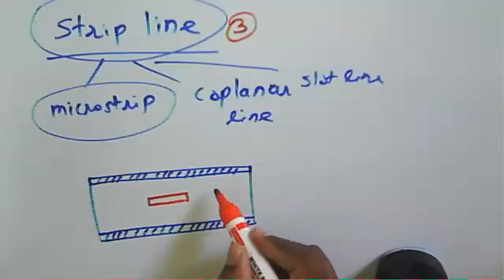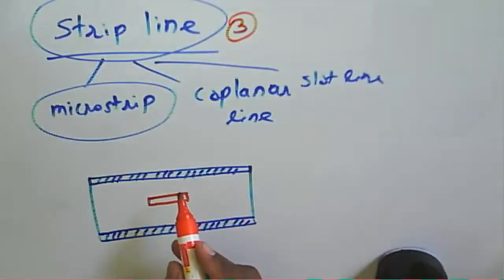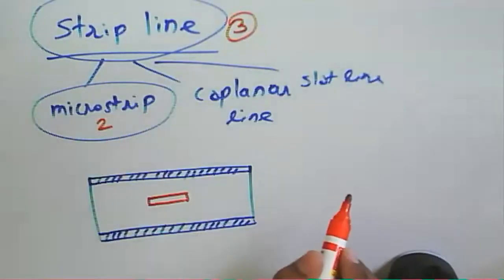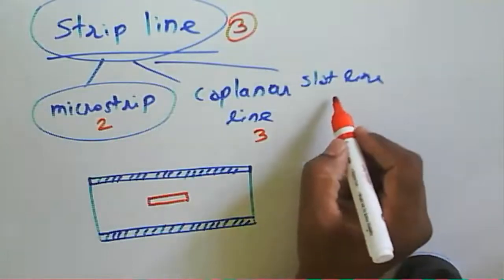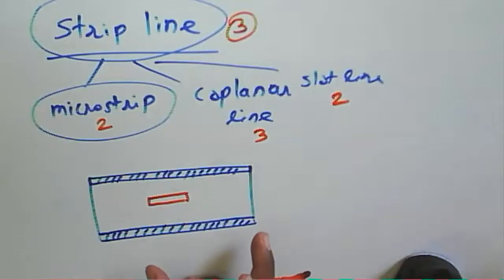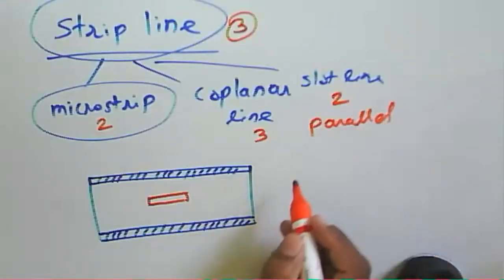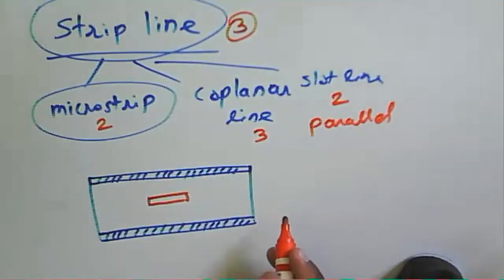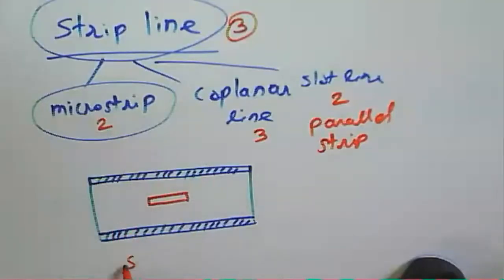Two are ground planes, and one is the main conductor. A microstrip has two conductors. A coplanar line has three conductors. A slot line has two conductors. Likewise, we have another configuration, a parallel strip line. This one is a strip line configuration.